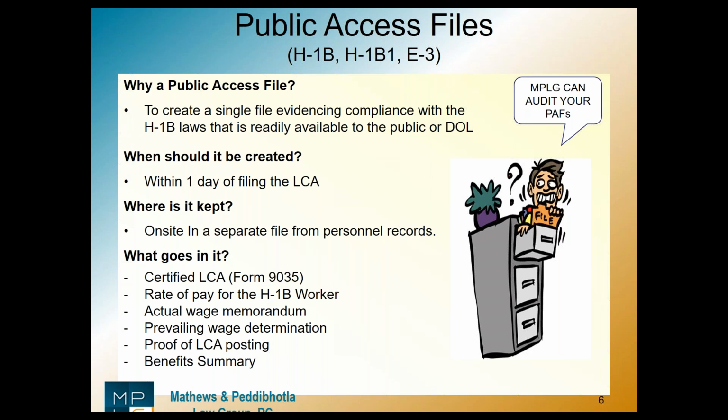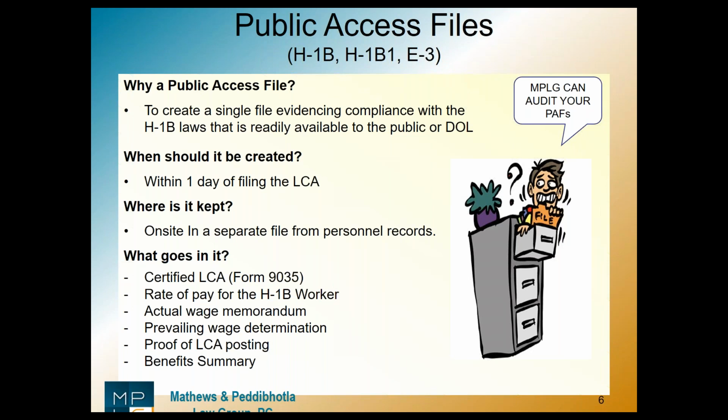And one additional item, so what happens when you do get a site visit? Any person in the public can come to your company and request to view your public access files. And they should be up to date and they should be readily available. Finally, the employee needs to be working in the role pursuant to that public access file.